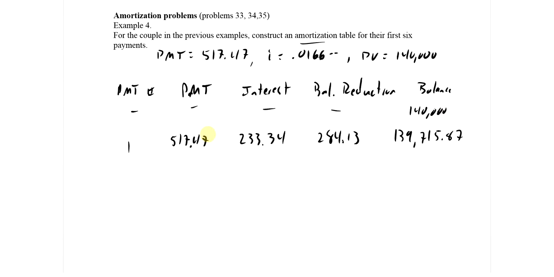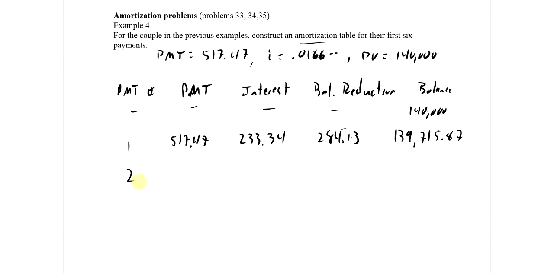You make this payment. Some of the payment goes to paying off the interest. The interest you can calculate by taking the interest rate times whatever the balance is. And so that much of the payment has to go to paying off the interest. The rest, this minus this, is the rest of the payment. That goes to paying off the debt. And so 140,000 minus 284.13 is this.